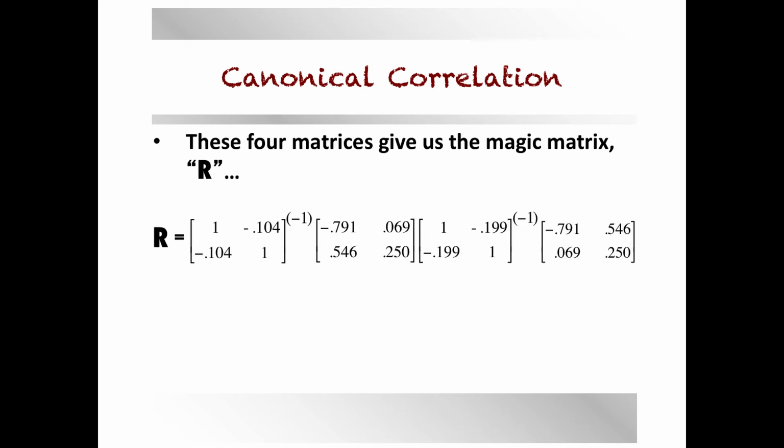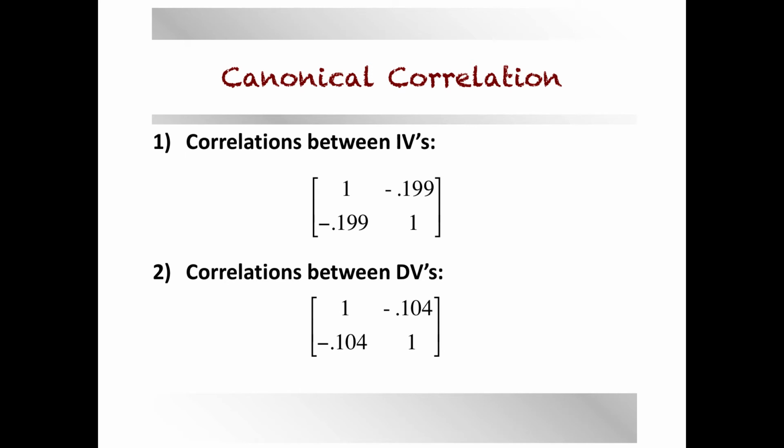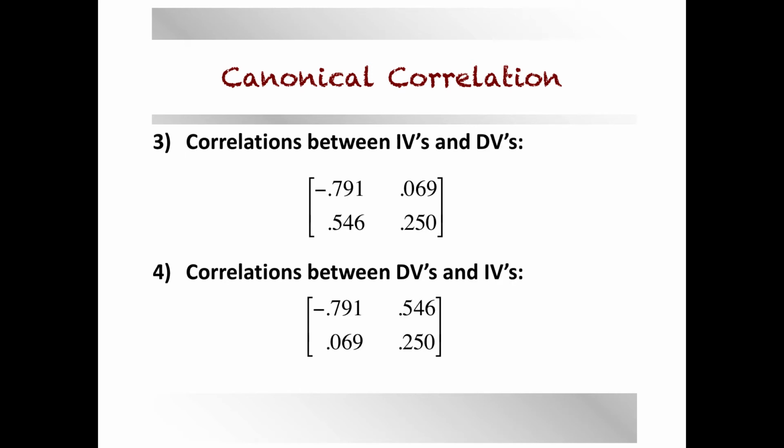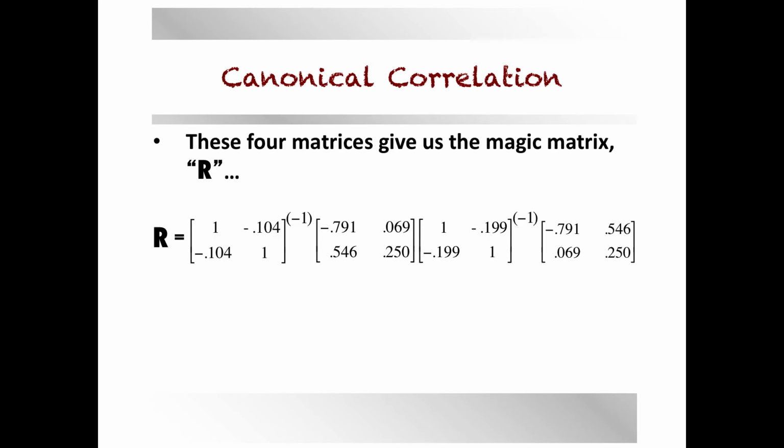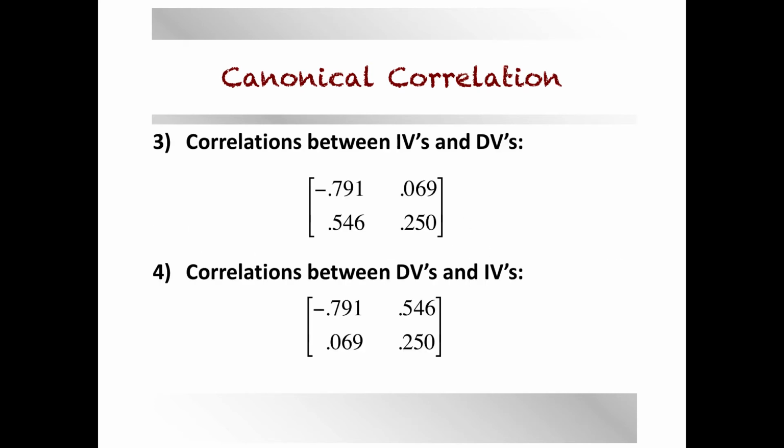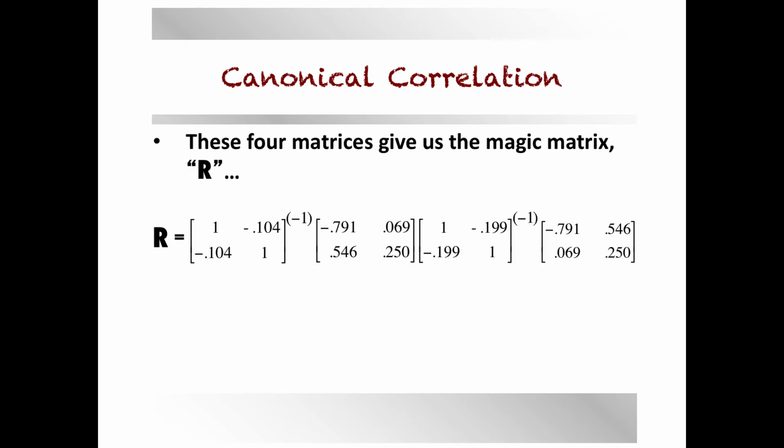So number 2 comes first, correlations between DVs. Then number 3, correlations between IVs and DVs. And you can't forget to inverse that first one. Then you do the correlations between IVs, third, and inverse that. And then by process of elimination, the last one is number 4, which is correlations between IVs and DVs.